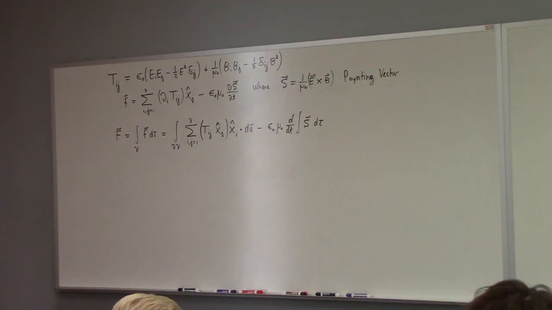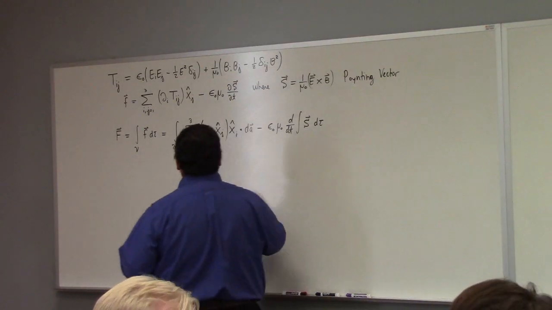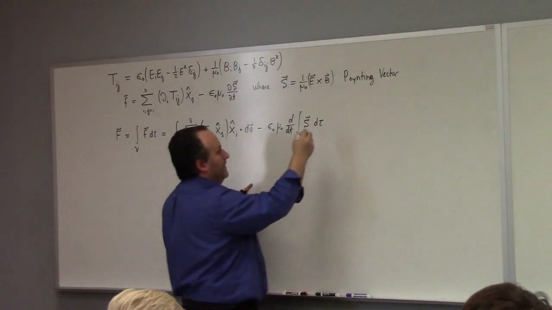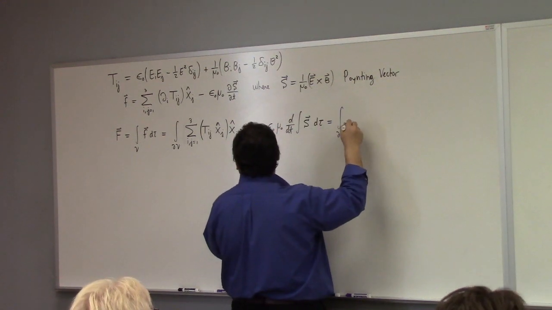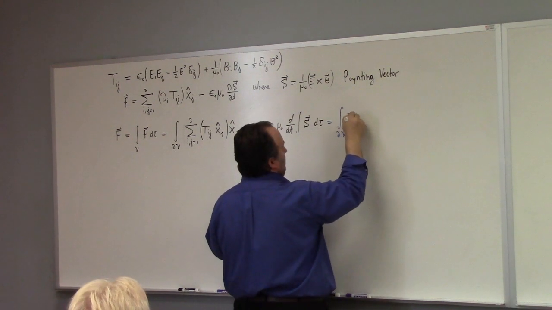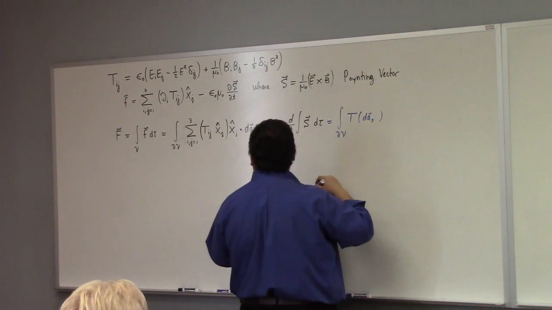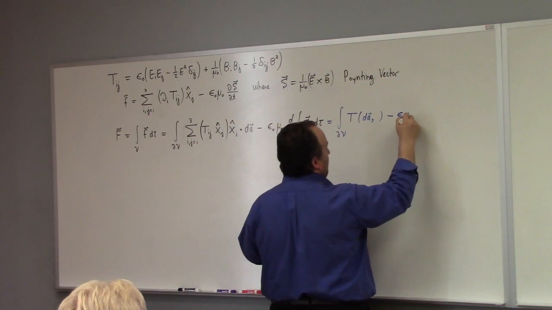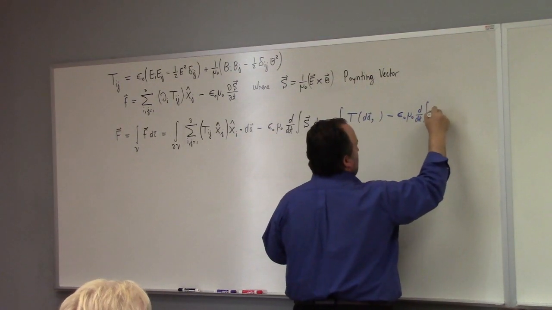So my handy dandy shorthand for what we just wrote, which I will use on occasion, is that this is equal to the integral over the boundary of T dA comma whatever, leave it blank, and then nothing really changes on the other term, minus epsilon naught mu naught d/dt of the integral of S d tau.